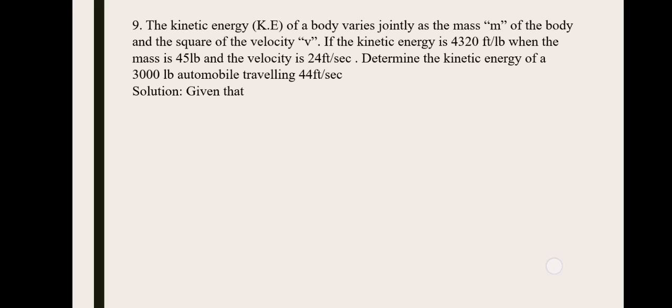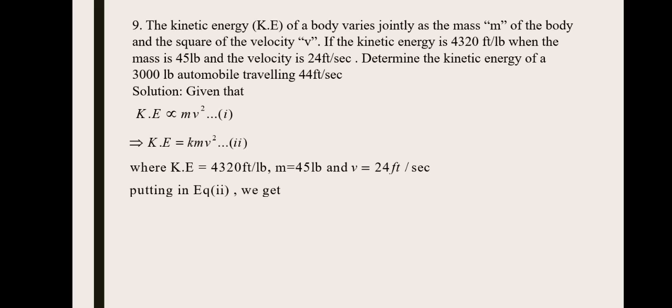So given that kinetic energy is directly proportional to mv square, which results in KE is equal to kmv square. Putting the value of m and v and kinetic energy, we just get k is equal to 1 by 6.